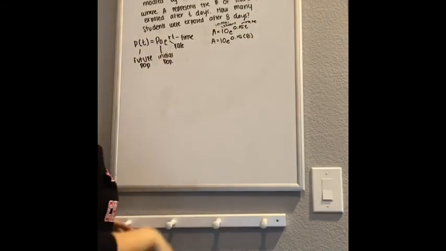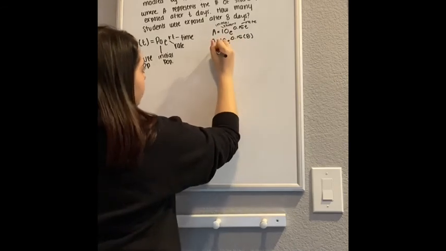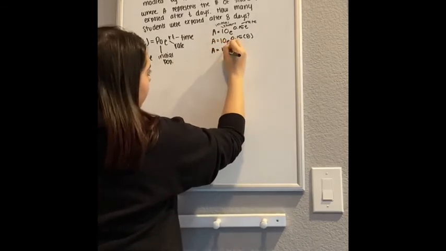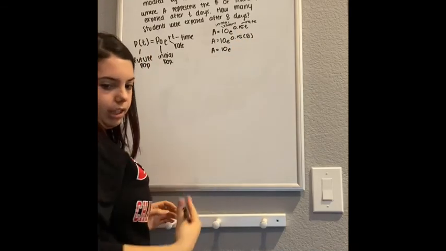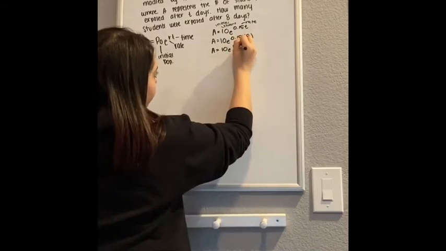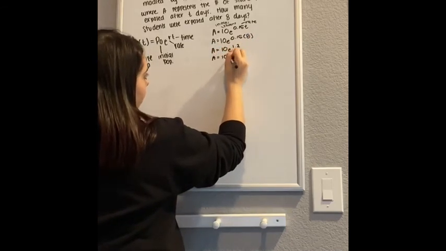Okay, so now we solve. First you solve what's up here. So A equals 10 e to the, and 0.15 times 8 is 1.2. So now we have A equals 10 e to the 1.2.